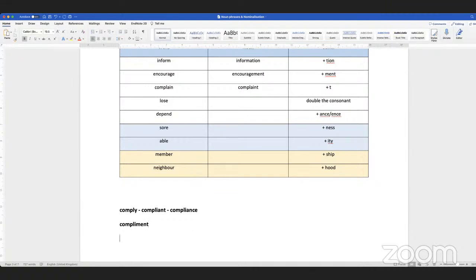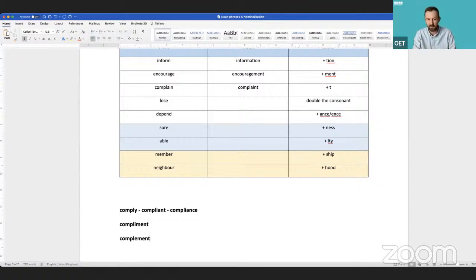But then you've also got this spelling, complement, which means that something goes together well. And complimentary, spelled like this, means that it's free, but complimentary the other way means that it's nice about you. They sound exactly the same, but they're spelt slightly differently.